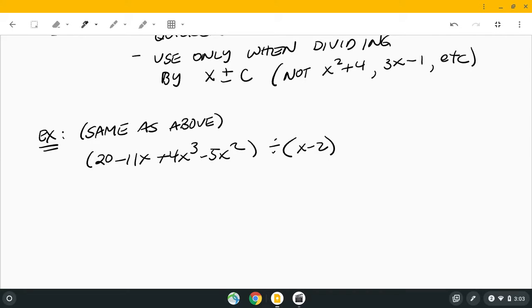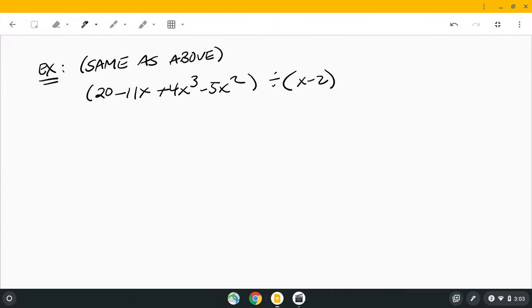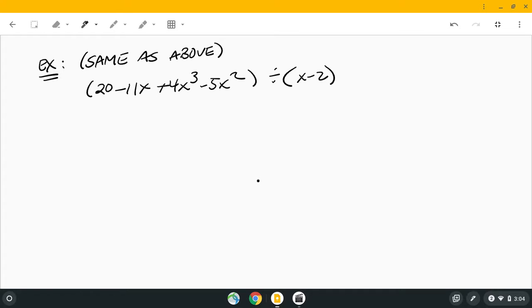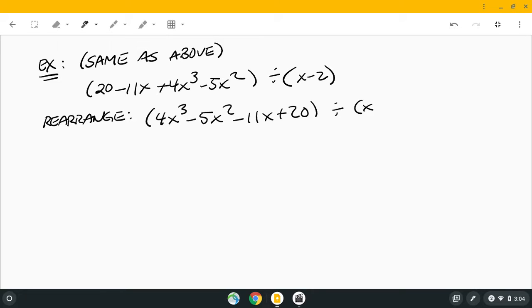Okay, and so again, here we're going to arrange it so that this polynomial is in descending order, and we use 0 for placeholders, just like in long division. Okay, so let's go ahead and rearrange. So here we're going to write it as 4x cubed minus 5x squared minus 11x plus 20 divided by x minus 2.